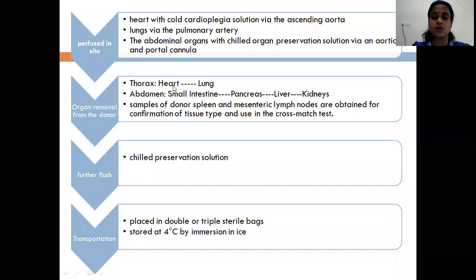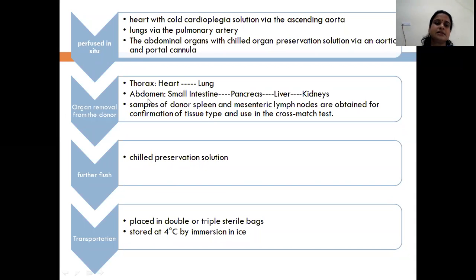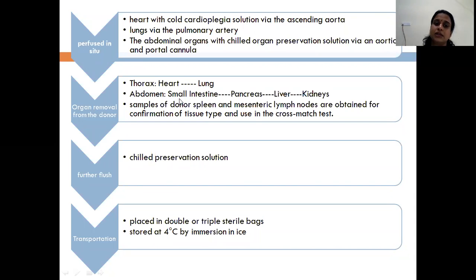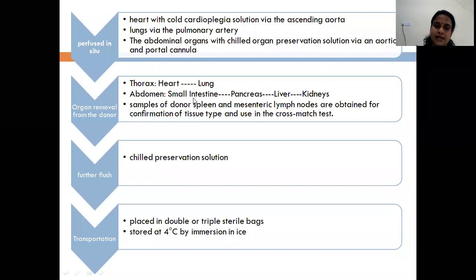The most sensitive parts are removed first, and the parts that will tolerate perfusion for longer are removed later, in sequence. For the abdominal organs, first the small intestines, which are highly vulnerable to ischemia with a very narrow blood supply margin. After the small intestines, you remove the pancreas, then the liver, and the kidneys are the last to be removed.